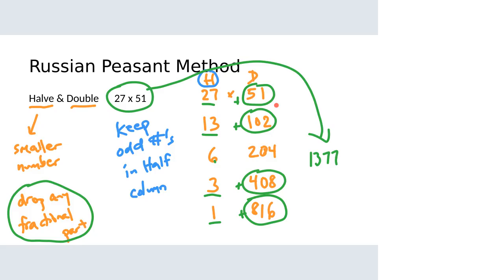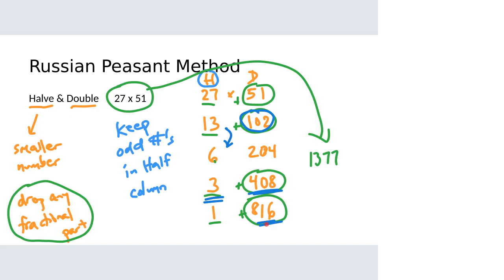Anytime we drop down, when we drop down from 13 to 6, we drop that 0.5, that's when we need to know we need to keep this number. Here, 6 times 204 and 3 times 408, those are exactly the same as each other. It's when we have to drop that half that we have to keep the number, and so when we have an odd number, we keep the one in the doubles.